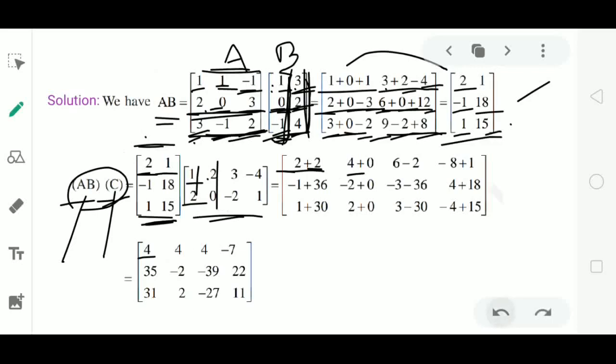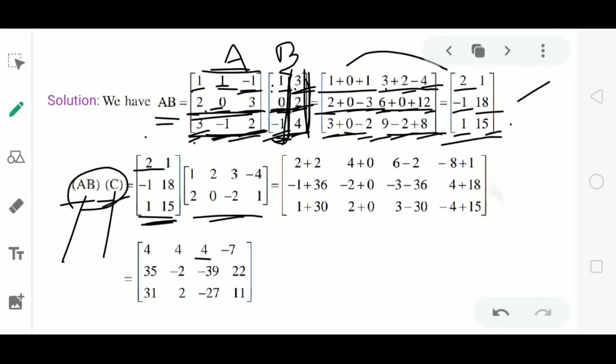This is the second element of the product. Next, first row, third column. 2 into 3 is 6. 1 into minus 2 is minus 2. 6 minus 2 is 4. So this is the third element of the resultant matrix.